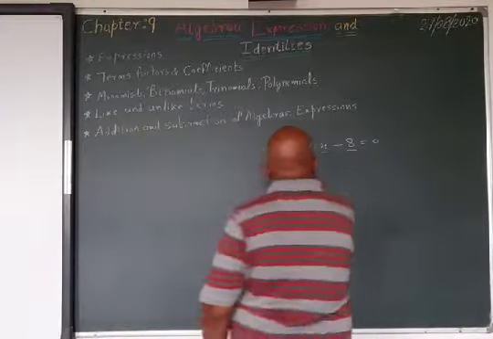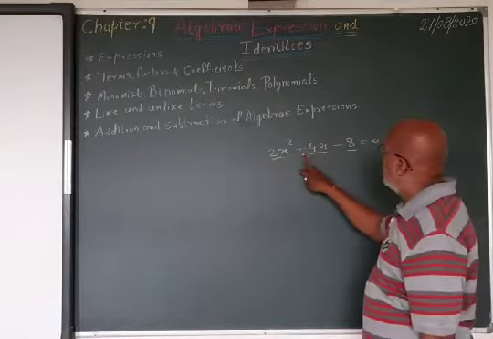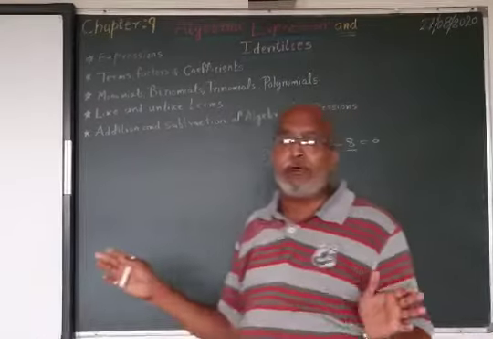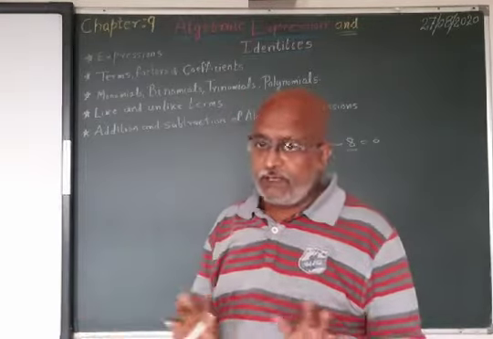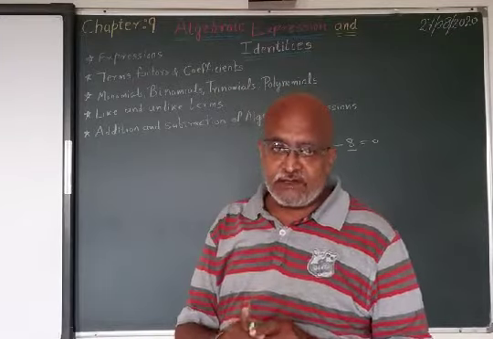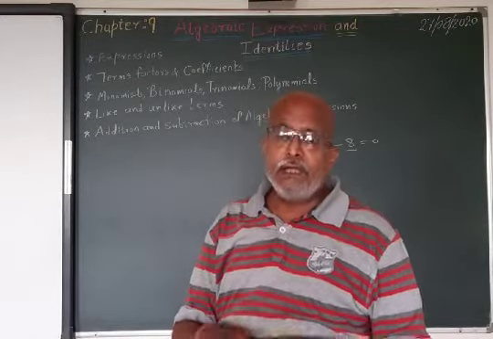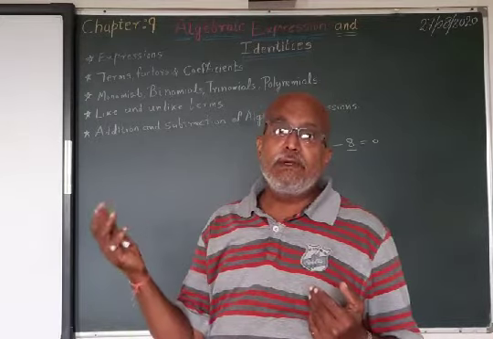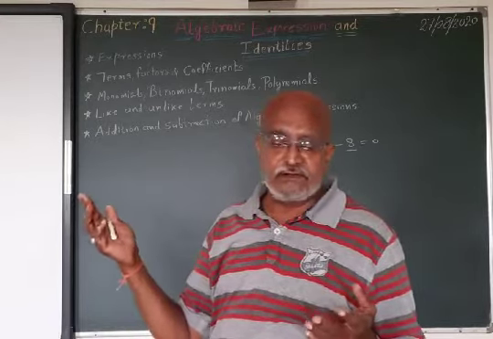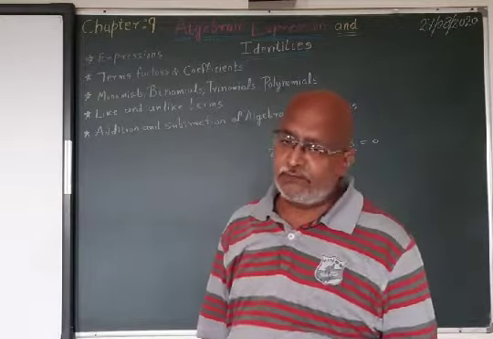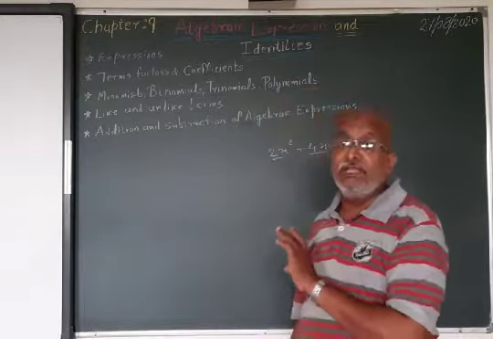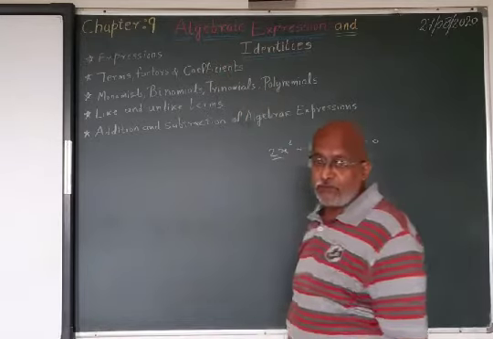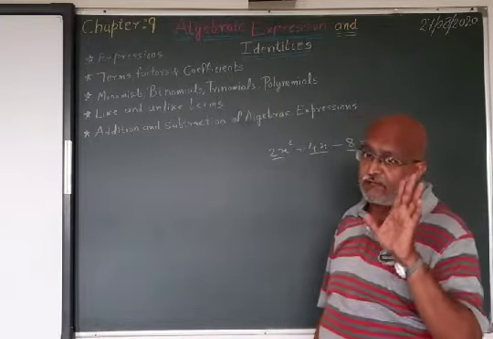As I said, algebraic expression is nothing but either addition or subtraction of n number of terms. There is no limit. It can be one single term also. It can be 2, it can be 3, it can be 4, 5, 6, 7, 8. N number of terms can be there which is being added in a single algebraic expression to form a single algebraic expression.